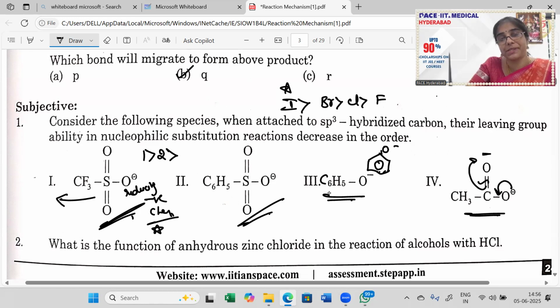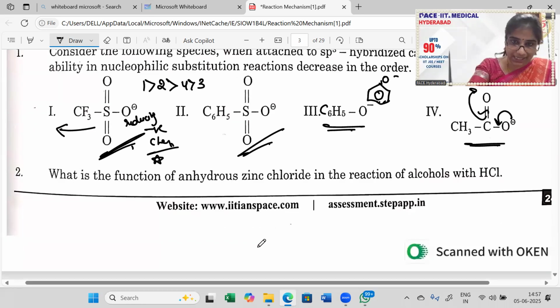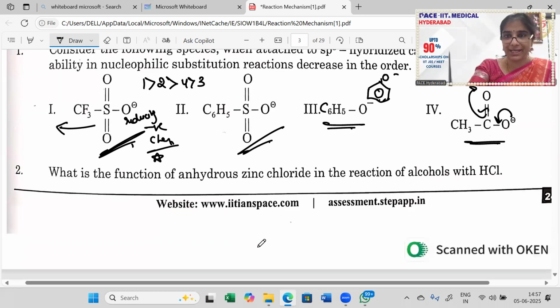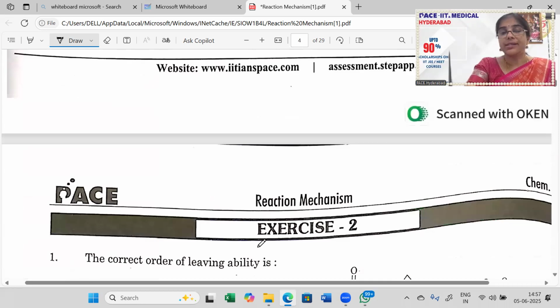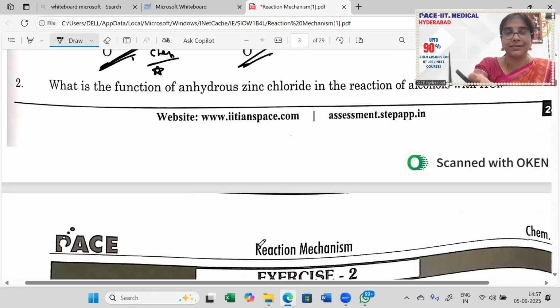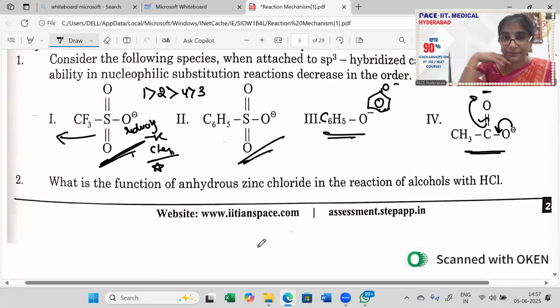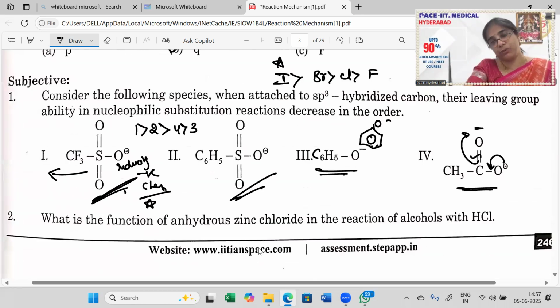So then 4 is better. 1, 2, 4, and 3. That would be the best order when I consider this, right? So that would be the answer. You will be checking for your basic character as well, which means whoever can accept the H plus well. So you have so many negative groups there that will accept the H plus very easily for option 1, then option 2, then 4 and 3.